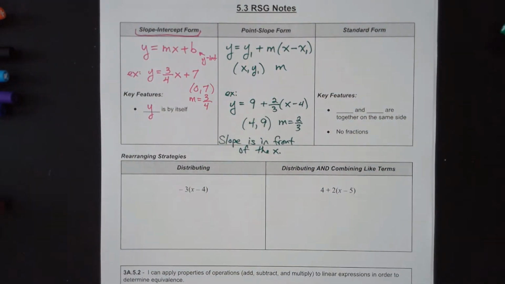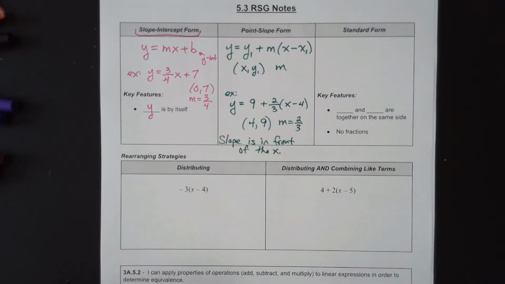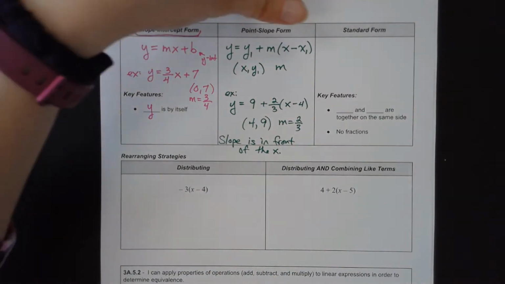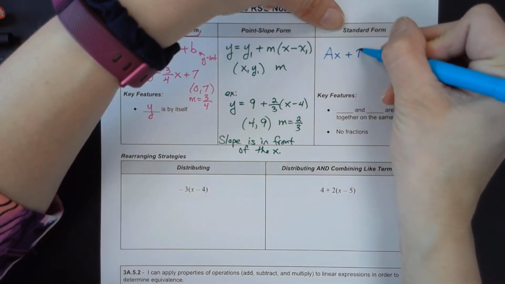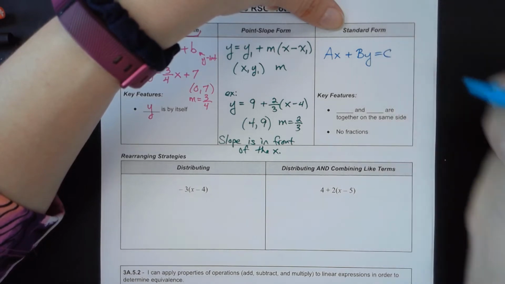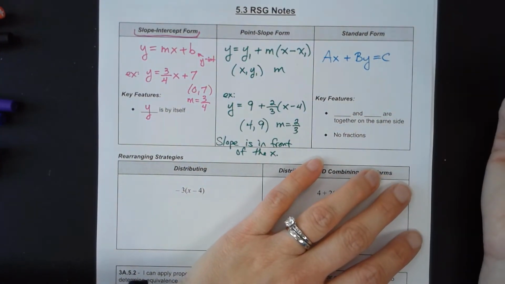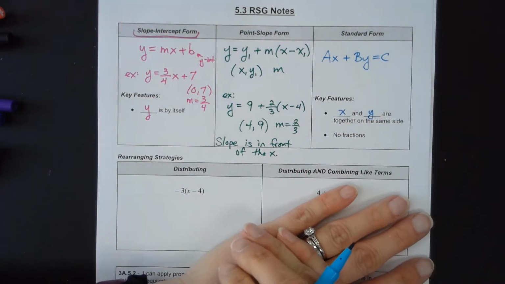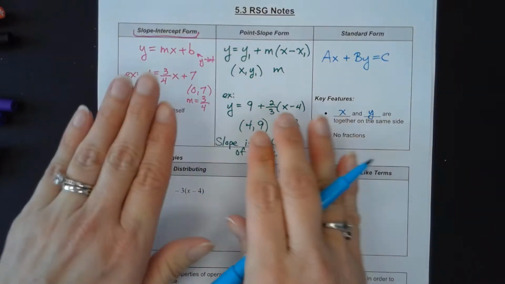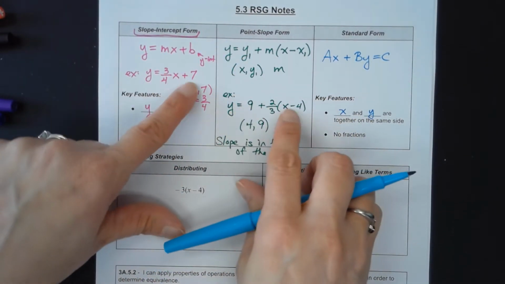All right, and then we have this new form, standard form, which we've been talking about, which people like a lot in terms of calculating, and it's ax plus by equals c. Okay, so key features. How do I know if it's in standard form? Well, the x and the y are together on the same side. Over here, it's always y equals. The y is on one side and the x is on the other.